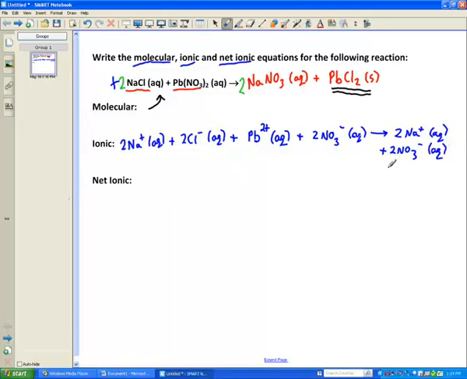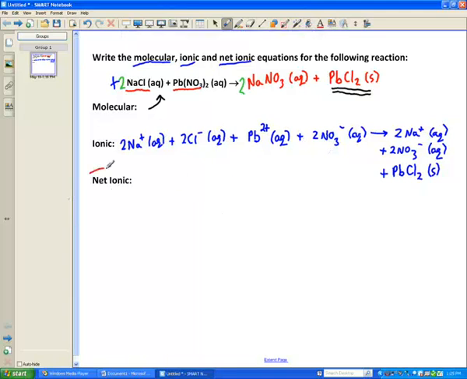Should have given myself a little bit more room here. And then we have our PbCl2 that didn't really do anything. So we're going to leave it the way it was, plus PbCl2 solid. Okay. So that is the ionic equation, preferably all on one line.